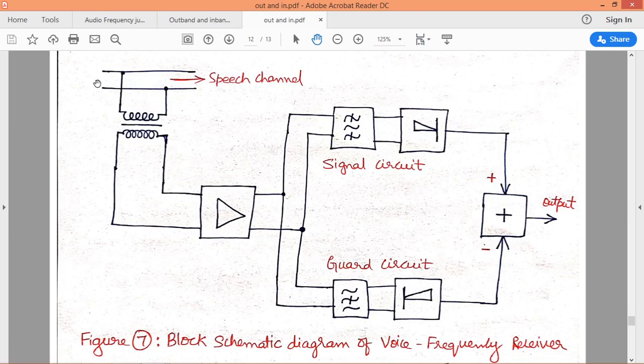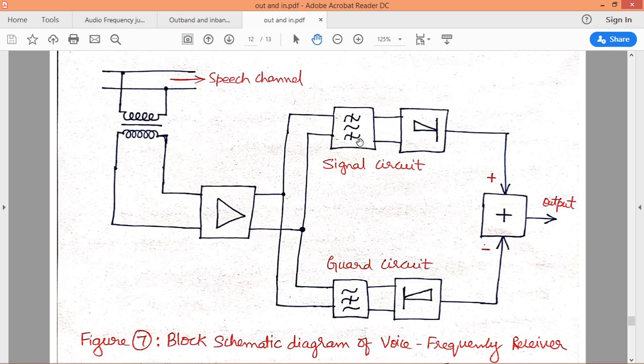So what we do is, we give the signal that the receiving exchange is receiving. Please note that the signal has the carrier signal, the speech signal, and the control signal also. Let us say this is the control signal, this is the carrier signal, and this is the speech signal.